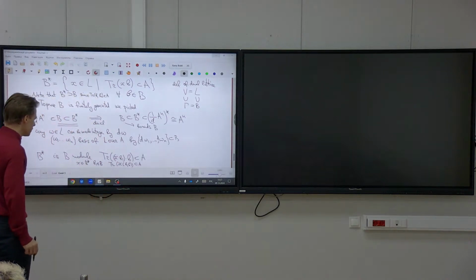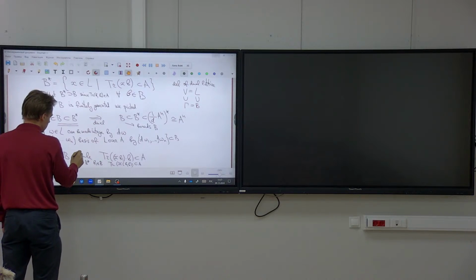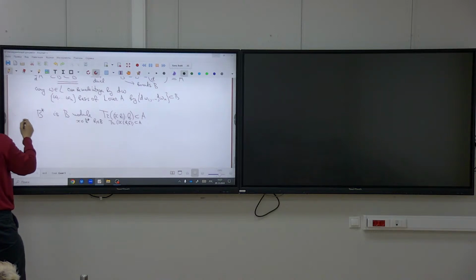And this tells you that B star is a B module and B is contained in B star as a submodule.